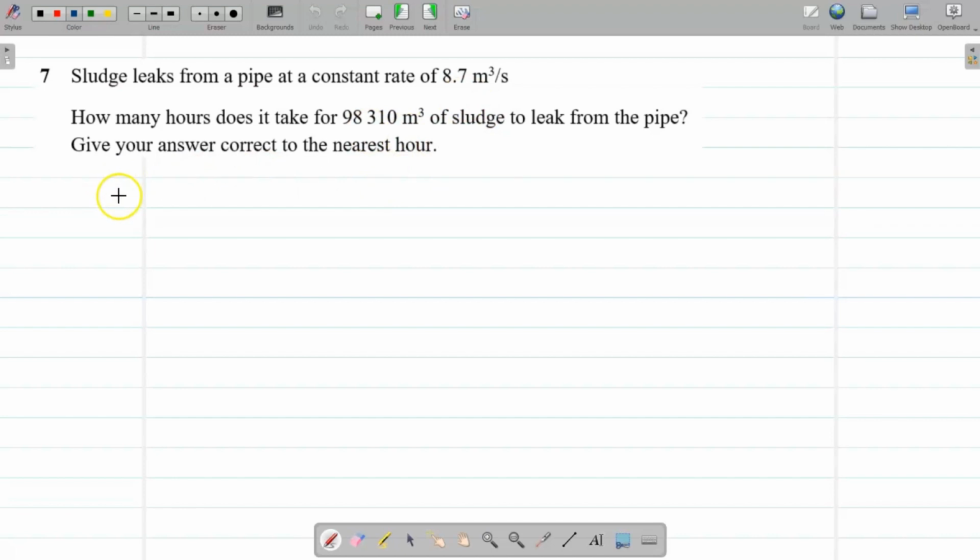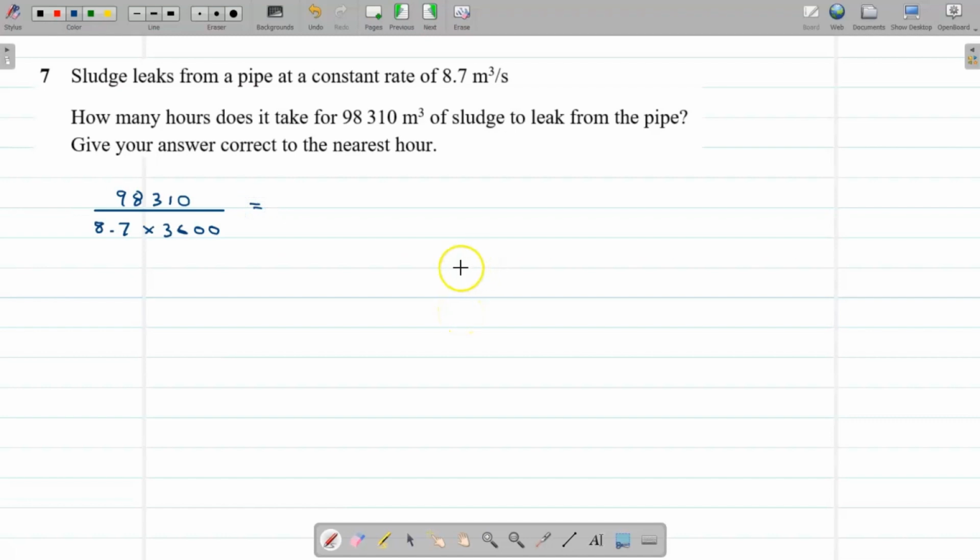So we're going to need to do the total amount, 98,310, and we're going to have to divide that by the rate, but also converting it from seconds into hours. We need to do 8.7. There's 3,600 seconds in an hour, which is 60 times 60. And that's going to be our answer.